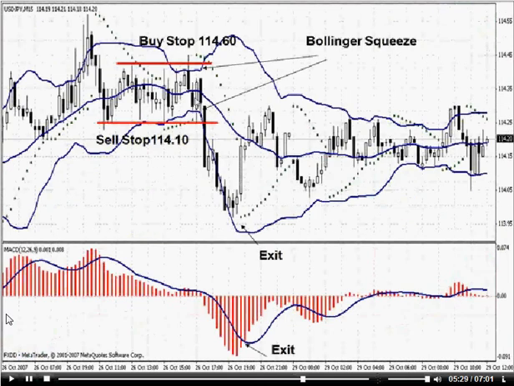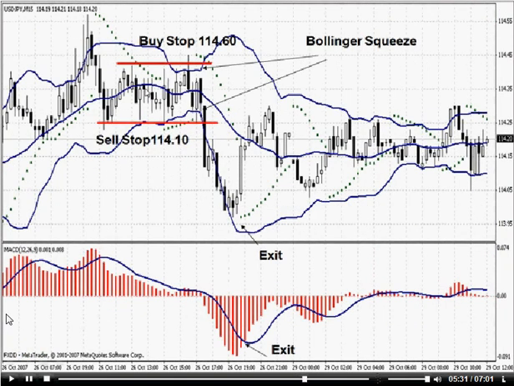Let's look at one more chart. You notice over here the currency is going sideways. So we place a line above, which is the resistance, and a line below, which is the support. We enter a buy stop order on top and a sell stop order below.